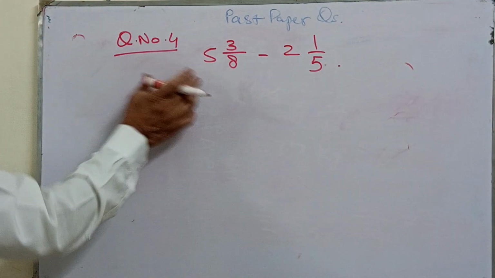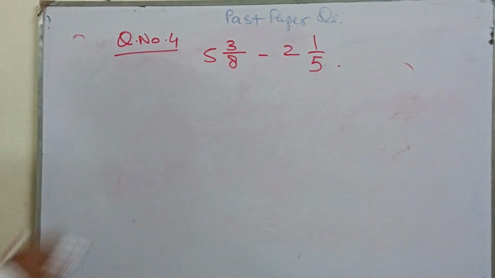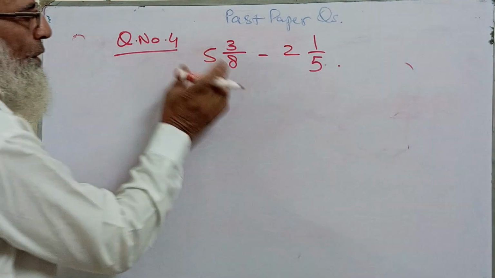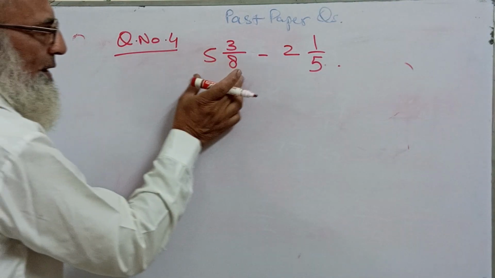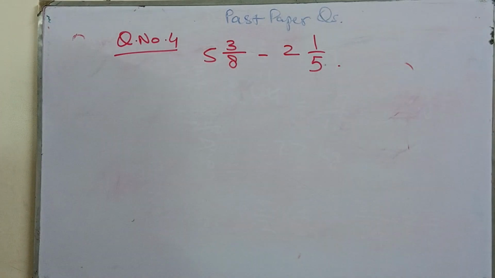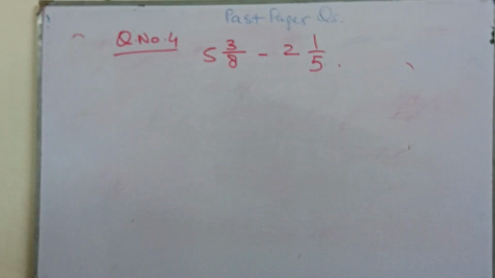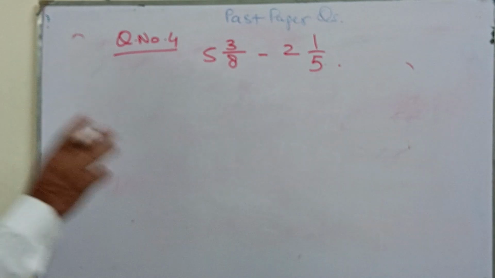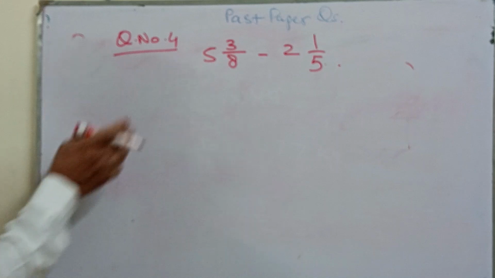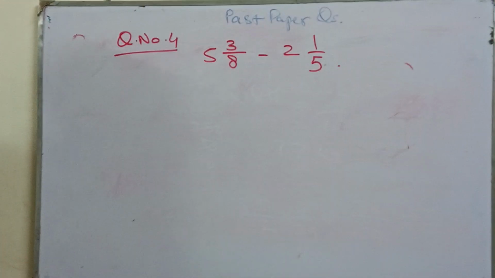Now this is a question of subtraction, and you know that these are mixed fractions. So we will convert both of these fractions into improper fractions. But I have told you that there is another way of doing this question, but that is a little tricky.